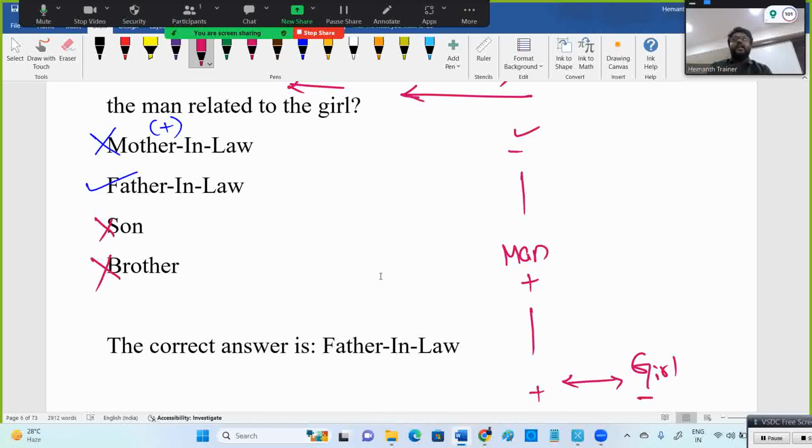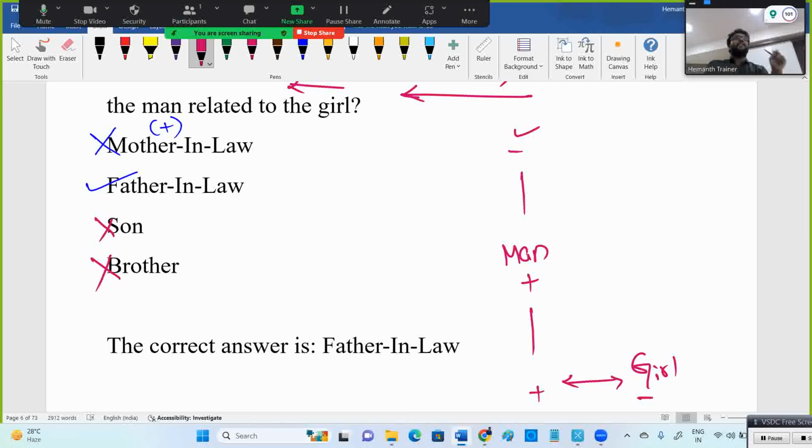Okay, I agree this person may have one more child, whose son is also a grandson, that's also possible. But still, among the options, the man is one generation above. If you just look into the options, there is nothing except father-in-law.